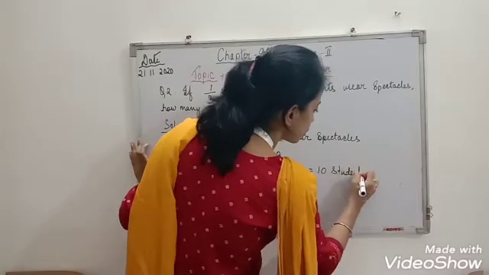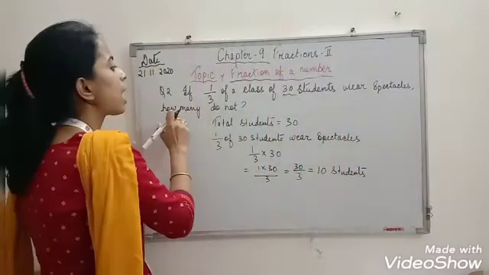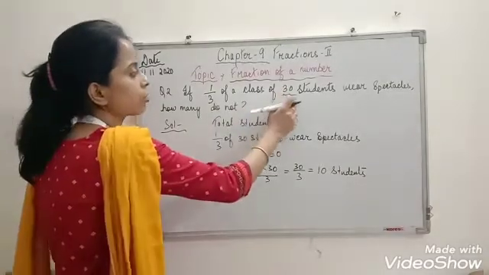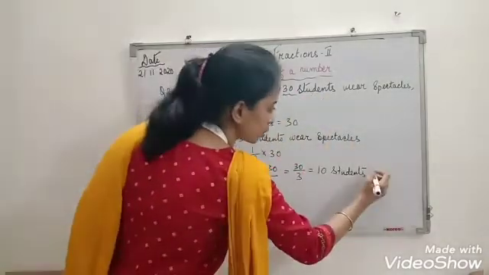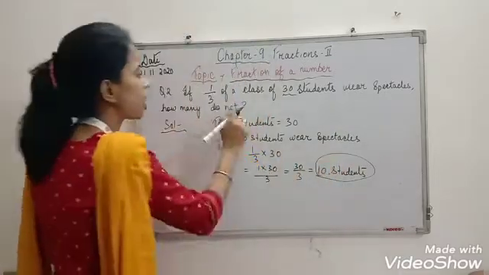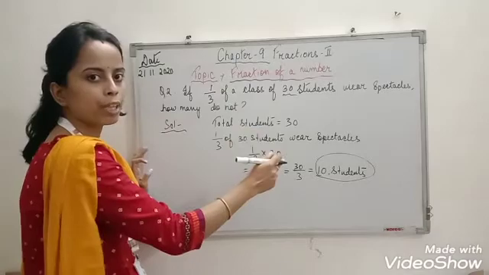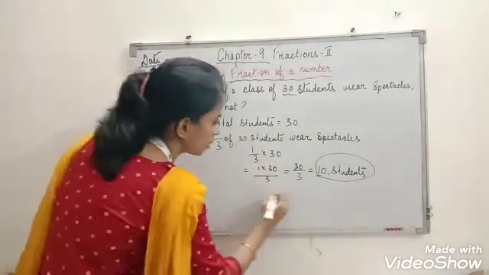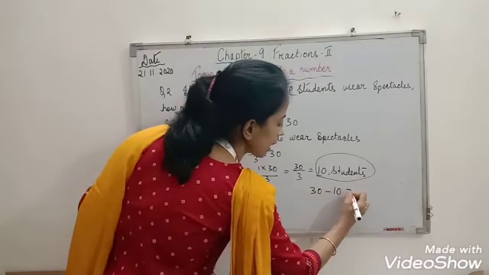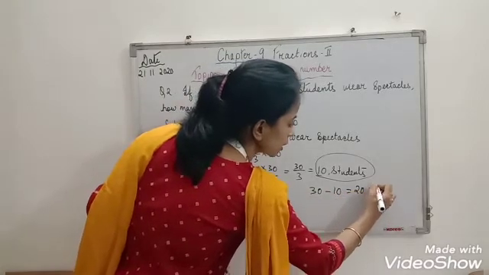Now, what do you have to find out? How many do not? Out of 30 students, 10 students wear spectacles. Alright. So how many do not? How are you going to find out? 30 minus 10. It comes to 20 students.